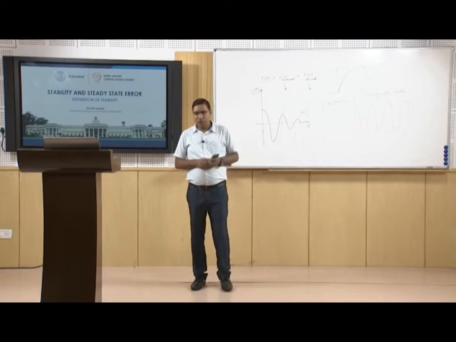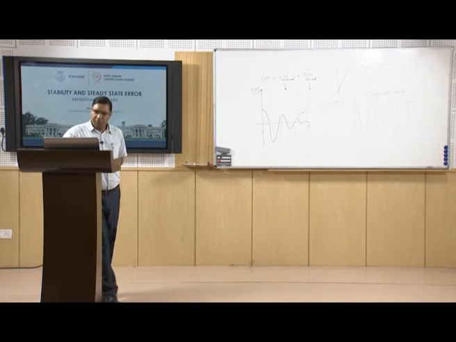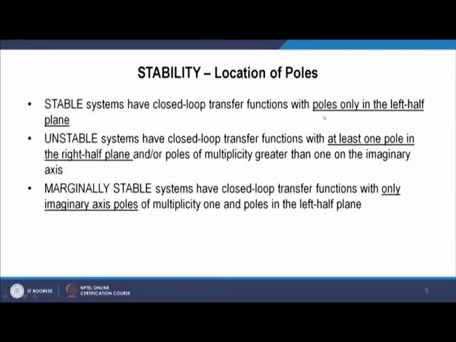Here we can see that stable systems have closed loop transfer functions with poles only in the left half plane. Now we discuss based on the poles.